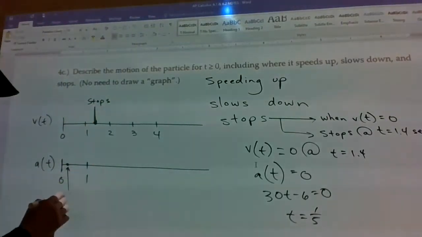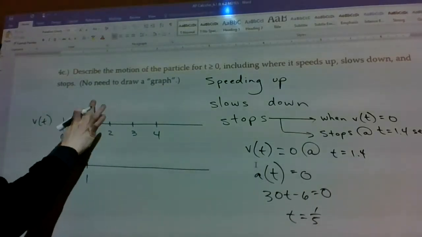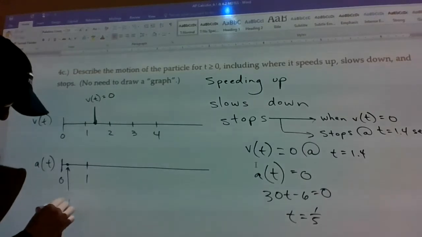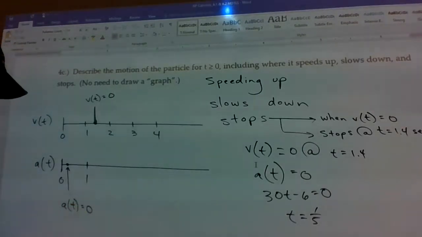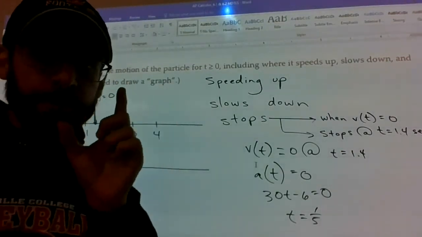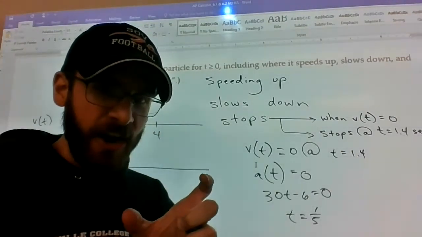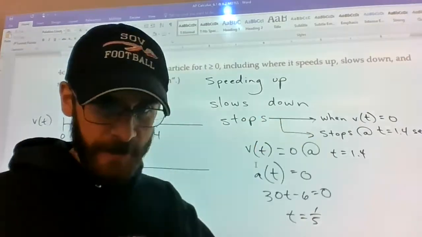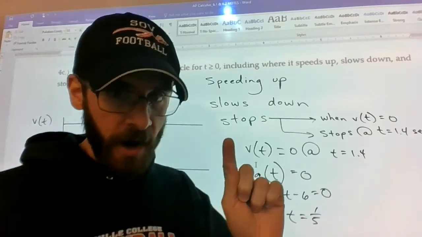Okay? So this is v of t equals 0. This is a of t equals 0. And here's what we do. We treat them as intervals by which to test increasing versus decreasing. Okay? Here's why.